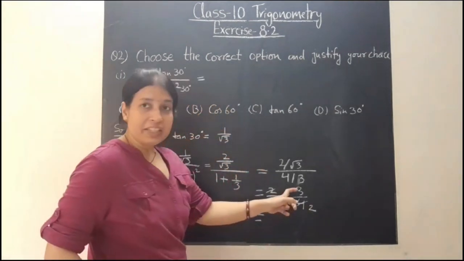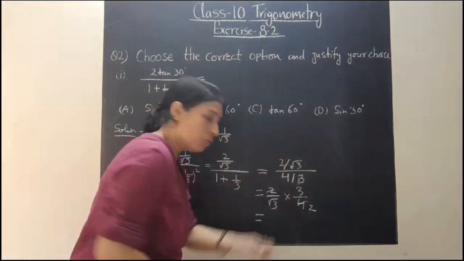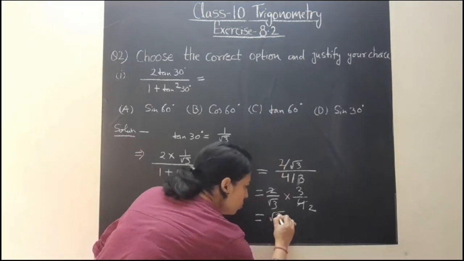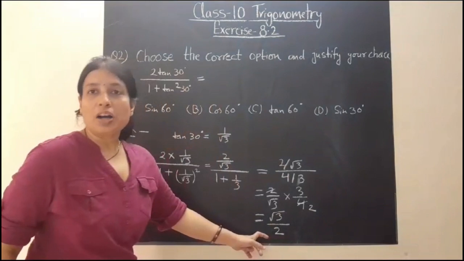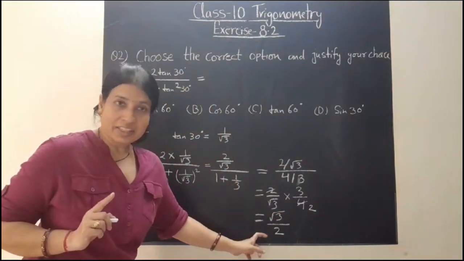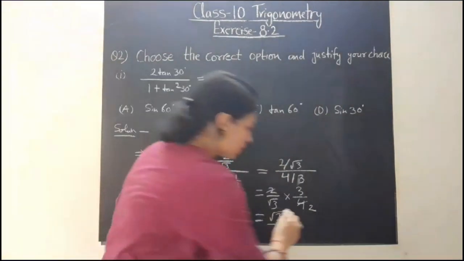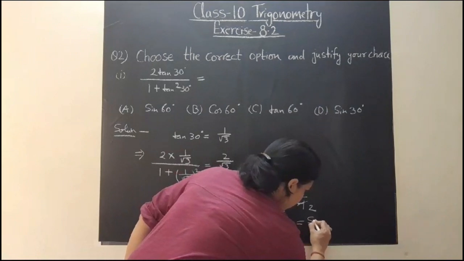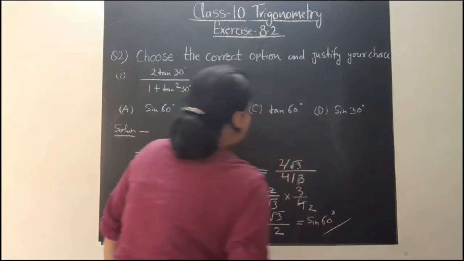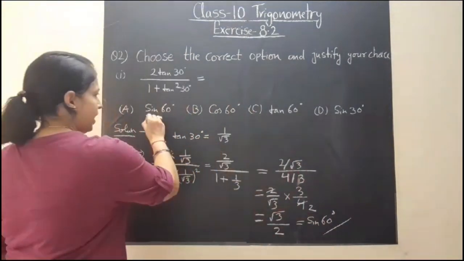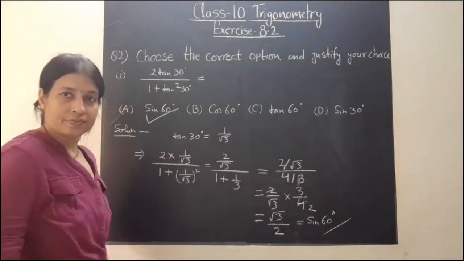If you divide 3 by root 3 it will come root 3. So it is root 3 divided by 2 and this is the value of sin 60. Root 3 by 2 is equal to sin 60 degree. So this is your answer. So option number A is right.